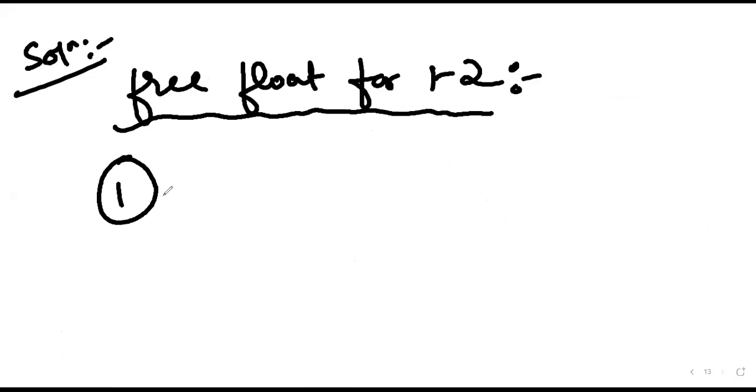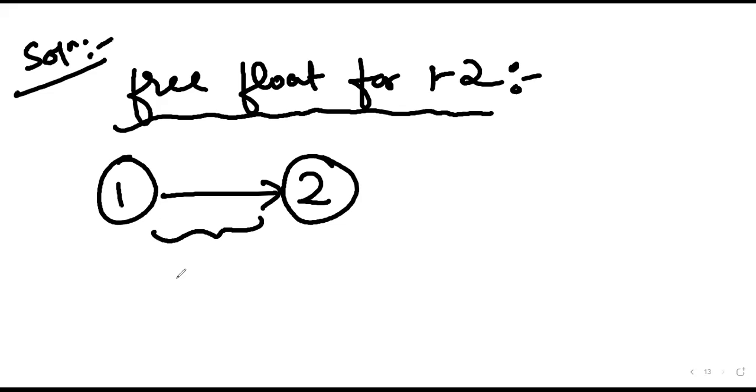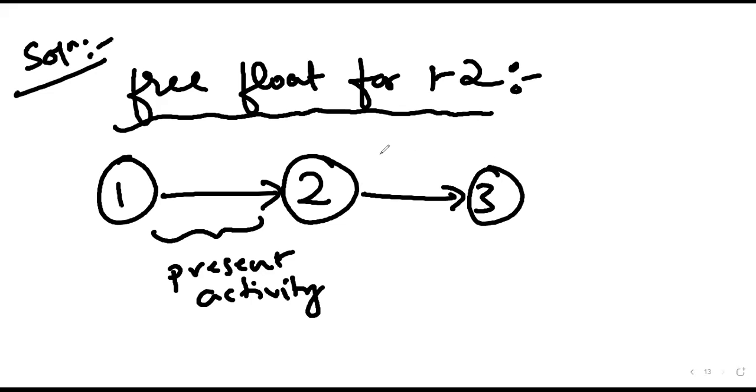So free float for 1-2. What is the next activity after 1-2? 2-3 is the next activity, and 2-6. Two activities are there, is it right?